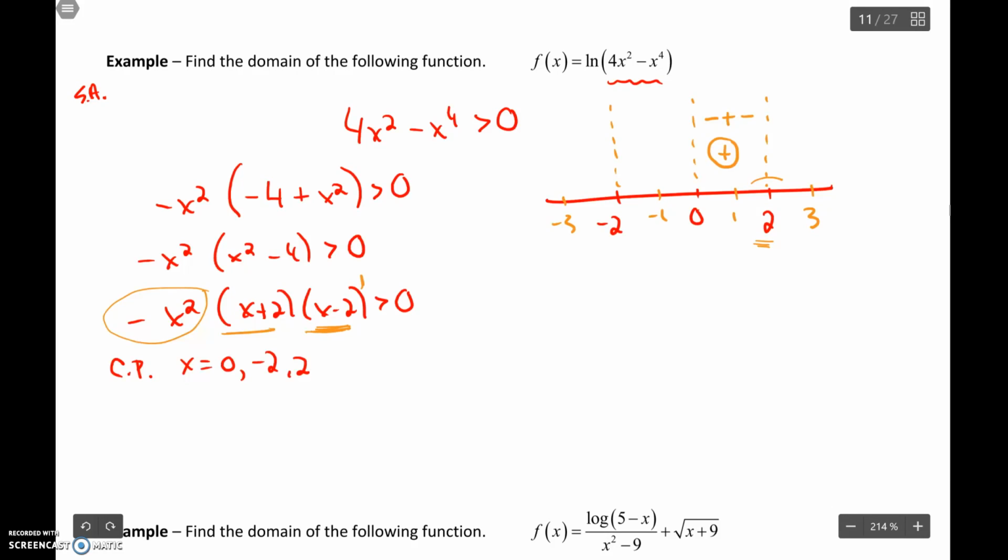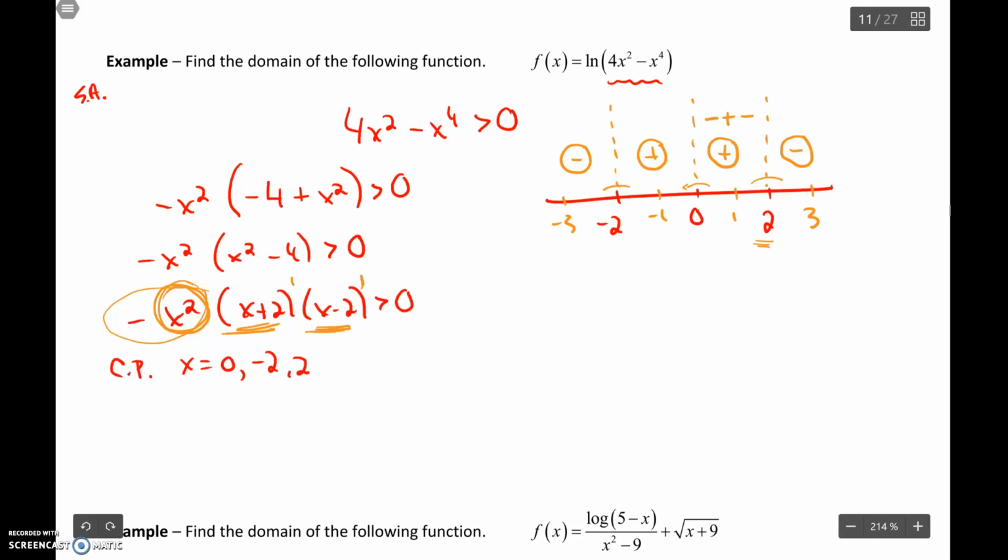The multiplicity of this factor is 1, so it will change to a negative. You don't like that? Plug in all the points. If I hop over to 0, that's this factor. This factor's got an even multiplicity, double multiplicity, so it's not going to change signs. And if I hop across the -2, single multiplicity, it's going to change signs.